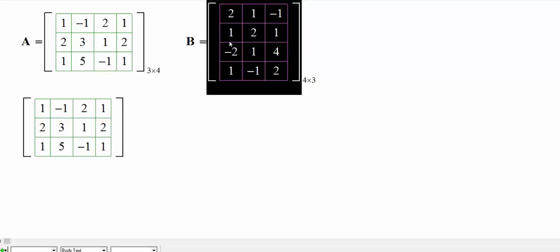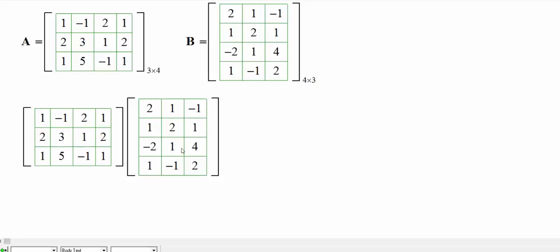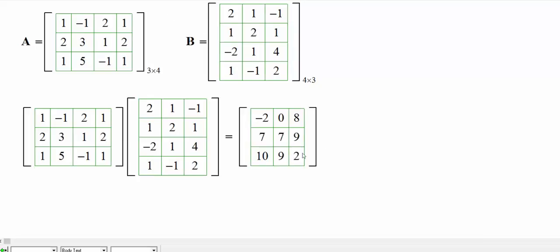And just to stress, a coincidence that we saw in the earlier example, that the size of the product is not necessarily this. So this is 3 by 4, this is 4 by 3. So the size of the product will be determined by these outer dimensions. And if you go ahead and find the value, this is what the product is.